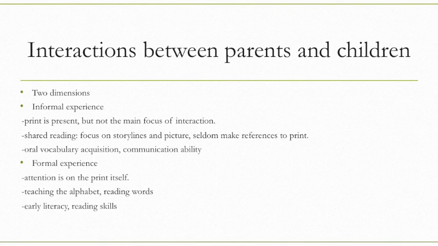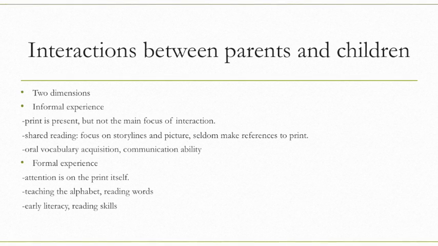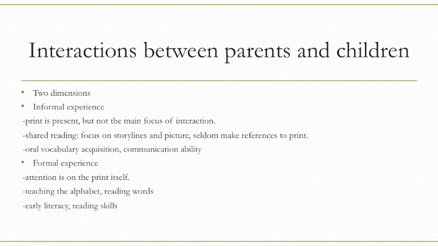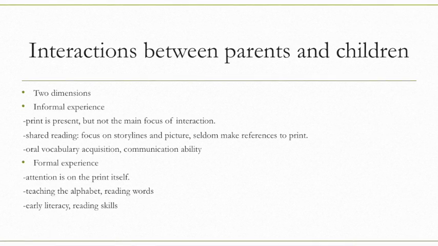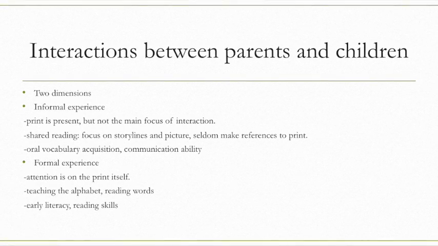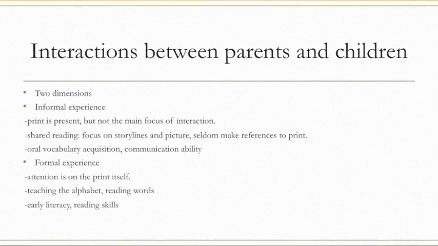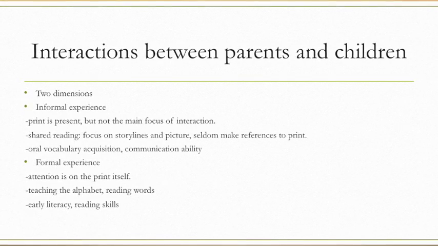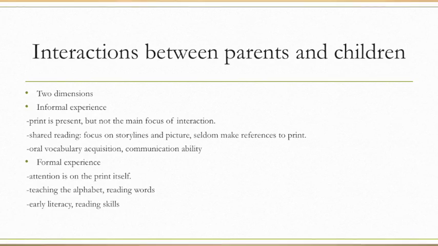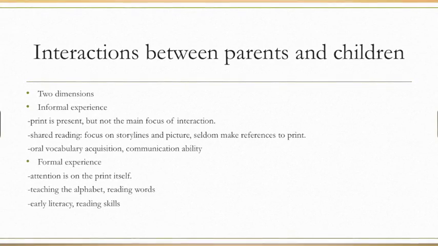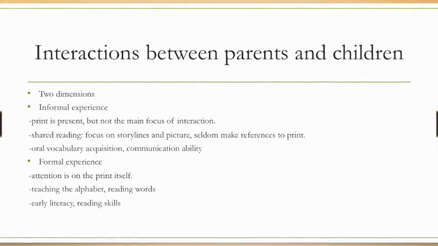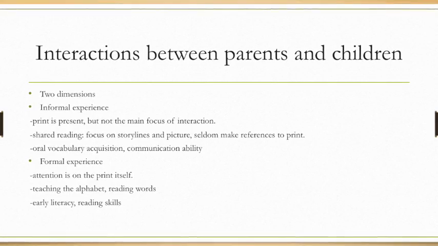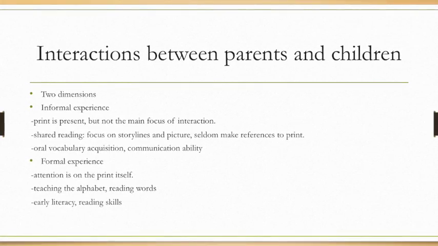And another article divides home literacy environment into two dimensions. One of them is formal experience, when the activities mainly focus on the print form, and the other is informal experience, when activities are mostly about meaningful communication, like shared reading. Parents and young learners focus on storylines and pictures.